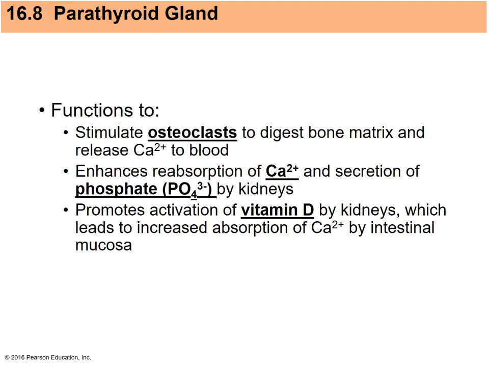Now, just keep in mind, when we are talking about the kidneys, what happens is the blood is filtered there. The first step in the kidneys is what we call filtration. Most of the substances in the blood are going to be removed from the blood to start the formation of urine.